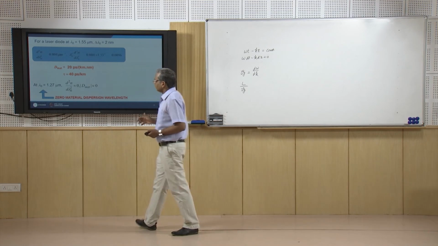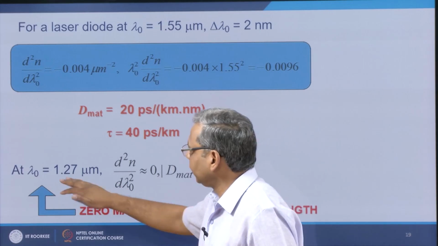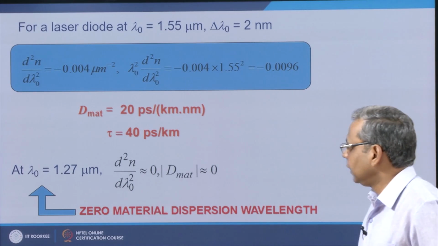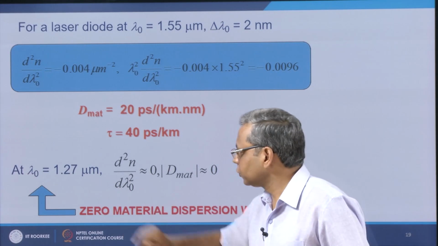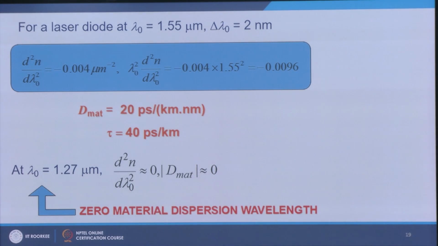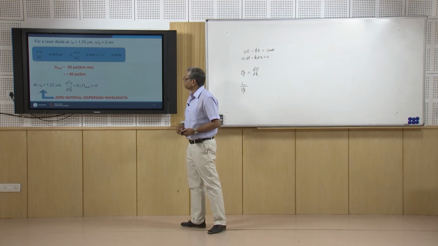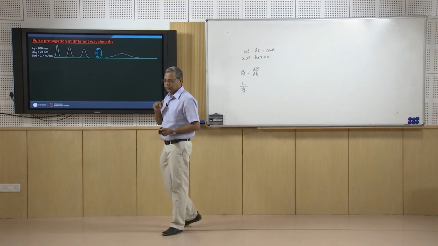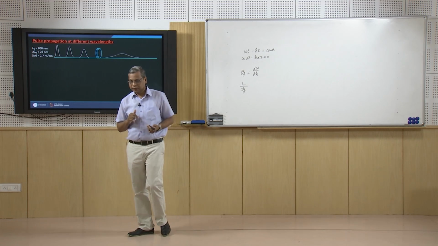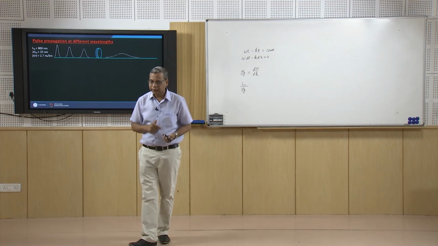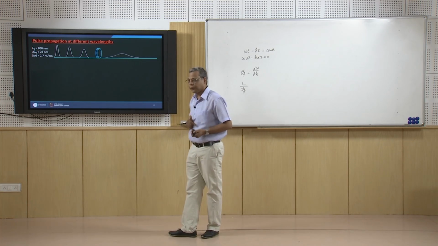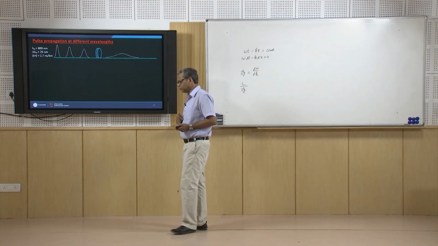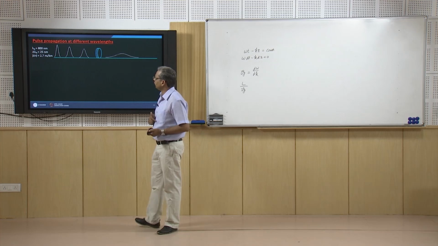And if I use a wavelength around 1.27 micrometer, then it is almost 0. So, this wavelength is also known as the zero material dispersion wavelength, and that is why the earlier fibers, the fiber which is already laid on the seabed, most of that fiber is optimized around 1.27 or 1.3 micrometer wavelength.